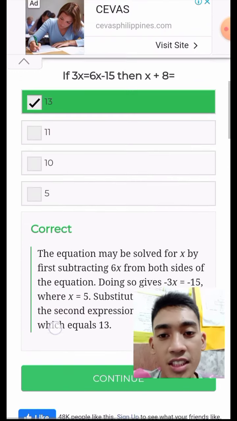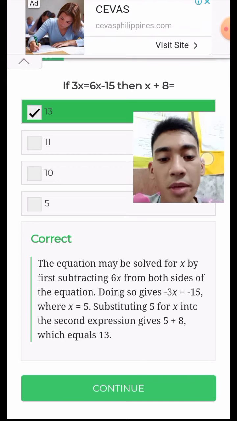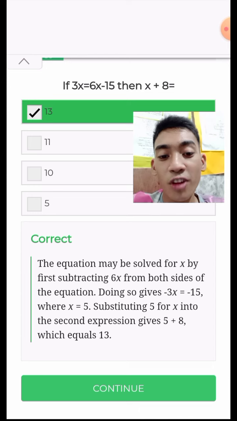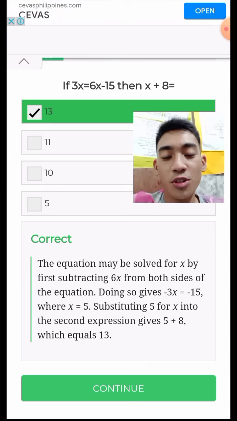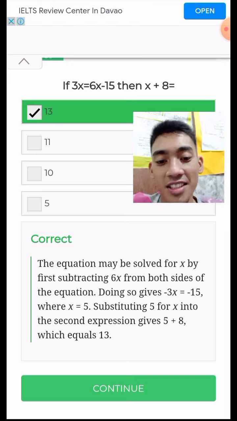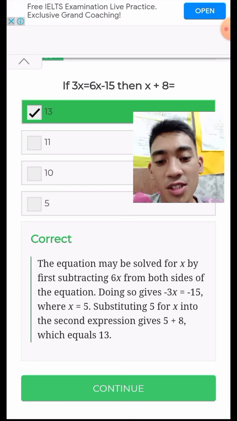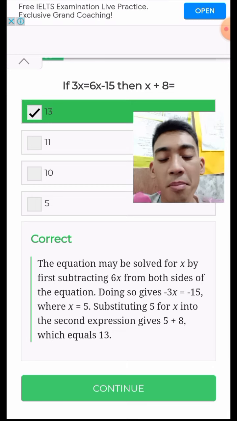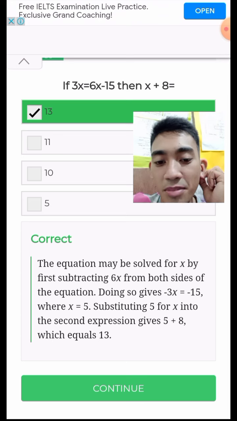So again, the equation may be solved for x by subtracting 6x from both sides of the equation. This is the additive property. Negative 6x plus 3x will give us negative 3x, right?